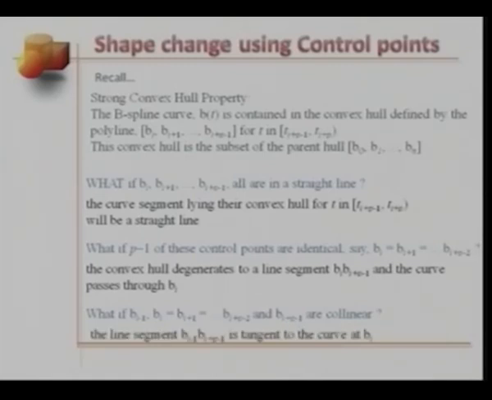The line segment b_{i-1}, b_{i+p-1} is now tangent to the curve at b_i. Now all these questions are easily answered once we understand the strong convex hull property. These are the three answers that a designer would want to keep in mind when designing B-spline curves.